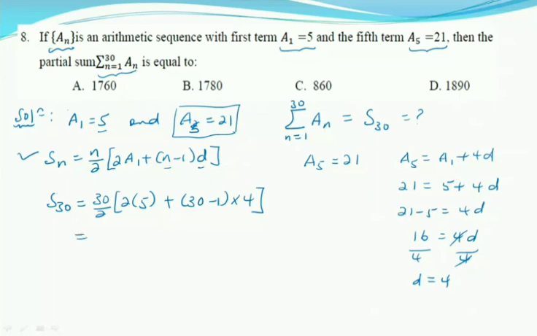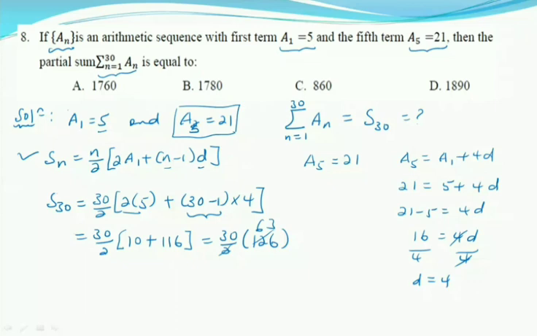So this is 30 over 2. You can say it 15, but for me I prefer to write this thing as 10 plus 29 times 4, which is 116. This is 30 over 2 times 126 by 2, it's 63.